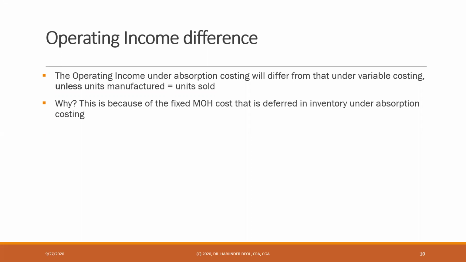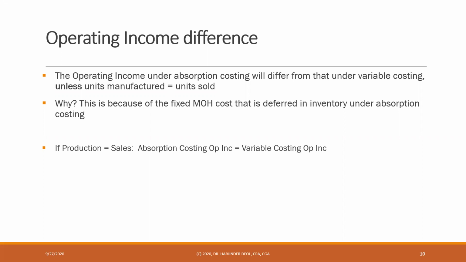Why is that? Because of the fixed MOH cost that is deferred in inventory under absorption costing. If the number of units manufactured is exactly the same as the number of units sold, then under both of these methods, your operating income will be exactly the same.